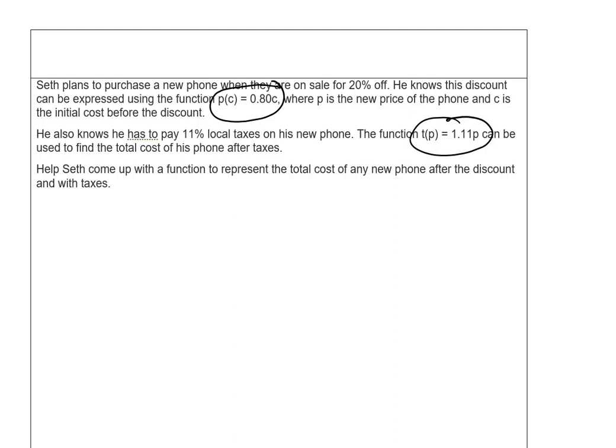Help Seth come up with a function to represent the total cost of any new phone after the discount and with taxes. So we know that the total cost function here is T of P equals 1.11P.